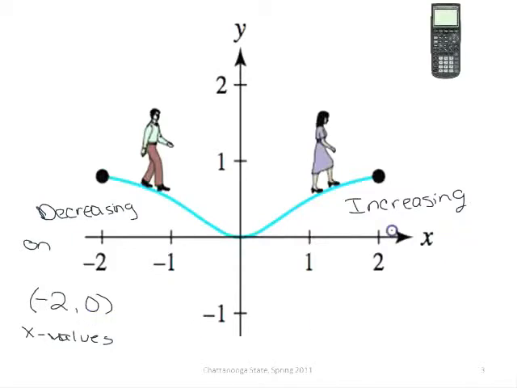We would say that this same graph is increasing on the interval from where x is 0 to x is 2, because it stops at x equal 2. So this is an interval of x values. It's not an ordered pair, it's interval notation.